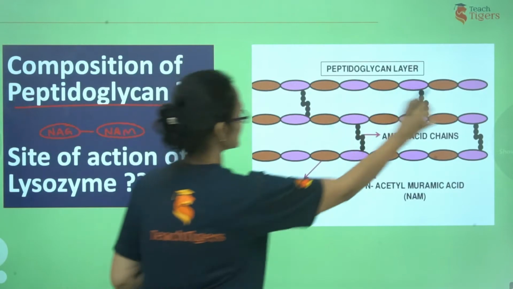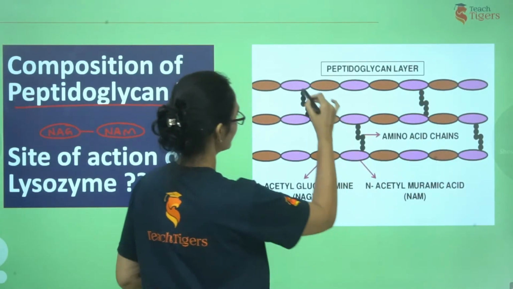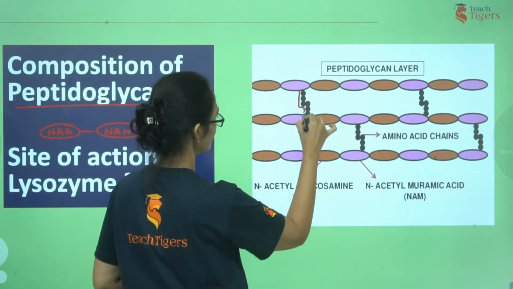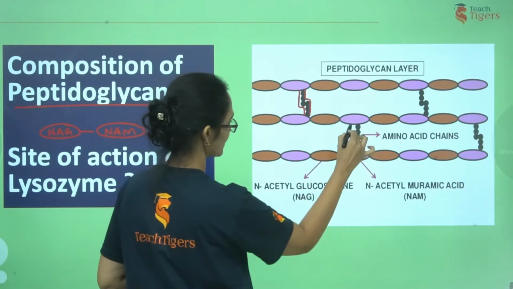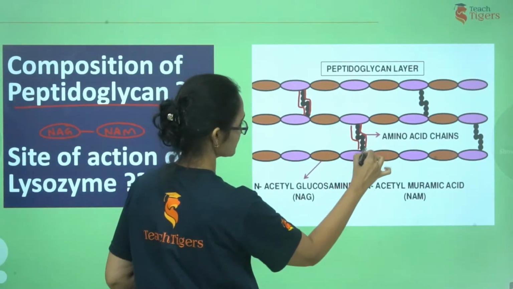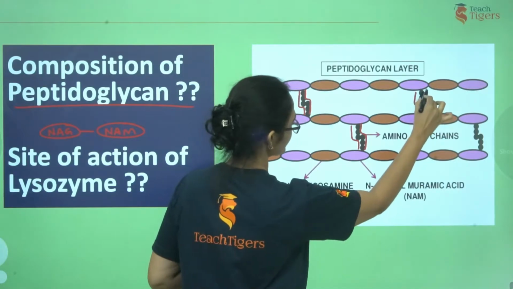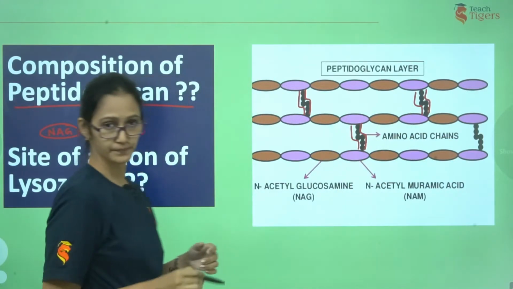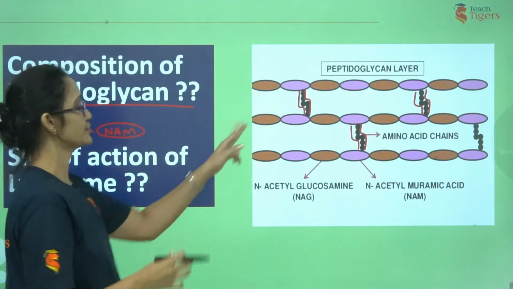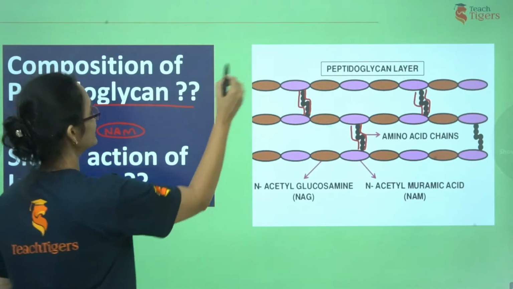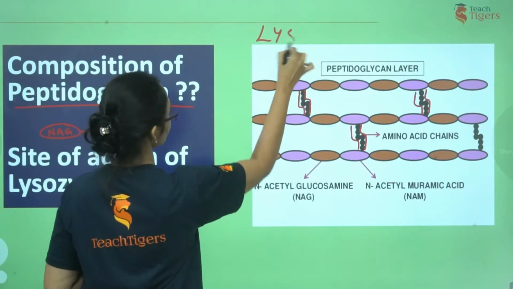And if this is the glycan chain, the sugar chain, they have cross links made up of peptides, that is, short amino acid chains. And that is the reason it has got the name peptidoglycan. Now if we want to break this chain, we employ the enzyme lysozyme, right?